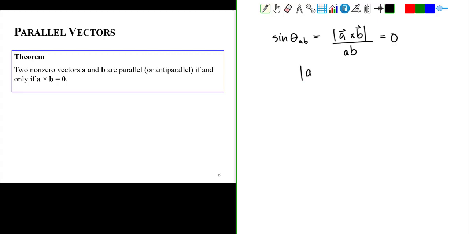So what this means is the magnitude of the cross product of those two vectors must be equal to zero. And if the two vectors are not zero vectors themselves, then what this means is that the cross product between those two vectors must be zero if the vectors lie along the same line.